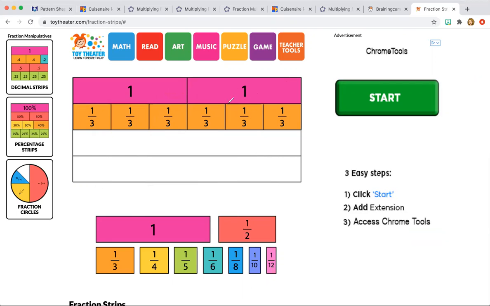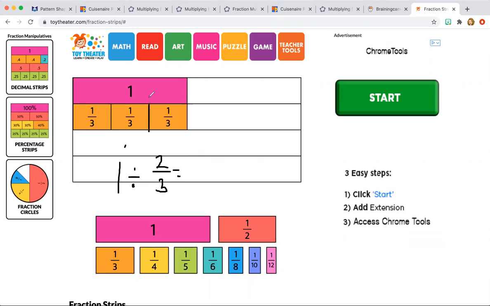Because let's clear all this. And what if we didn't want 2/3 into 2, but what if we wanted 2/3 into 1, or 1 divided by 2/3? How do we see this?